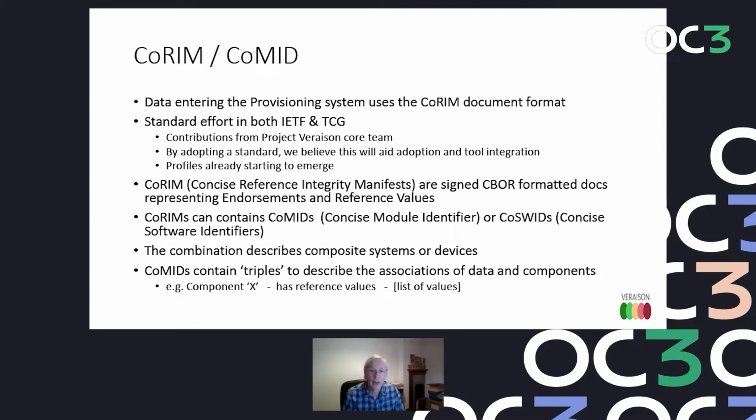The relationship between the data pieces and the targets is defined by sets of triples, which define the exact relationship between a target and a particular set of values. And we think that by targeting a standard for this data coming in, it will make interop easier.